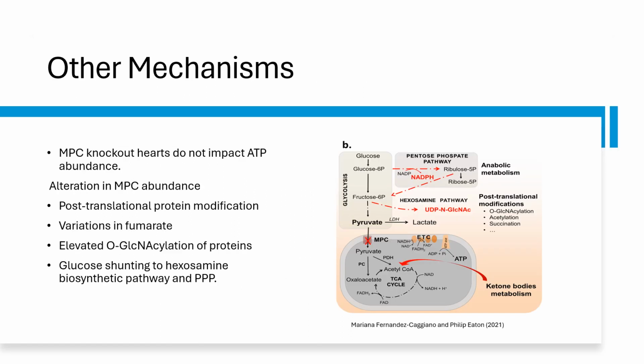And so here we're going to talk about other potential mechanistic explanations for why decreased MPC expression leads to cardiac dysfunction. You might think MPC knockout hearts would not be able to satisfy the energy demand due to decreased transport and oxidation of pyruvate. But ATP abundance remains unchanged.